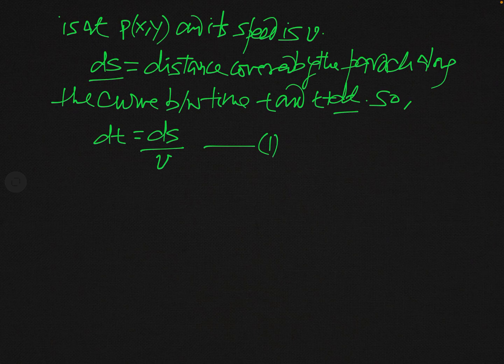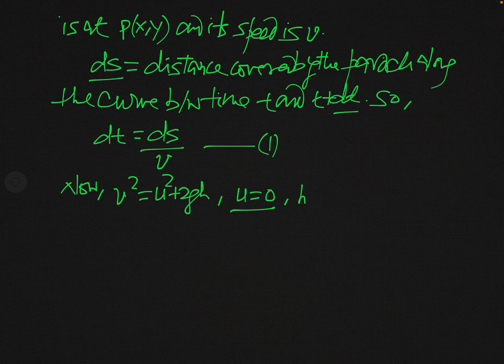Now, as you can see, the particle is falling under gravity without any resistance. So we can use the equation of motion of a particle falling freely under gravity when the acceleration due to gravity g is constant. You know that v square is equal to u square plus 2gh. But here u is equal to 0, because the particle falls under gravity from rest, so its initial velocity is 0.